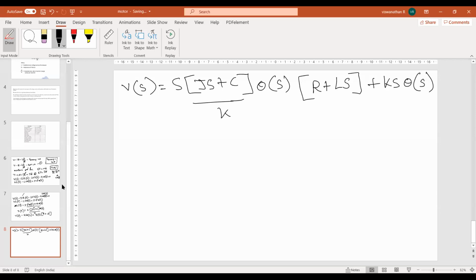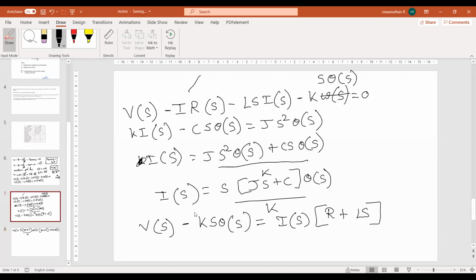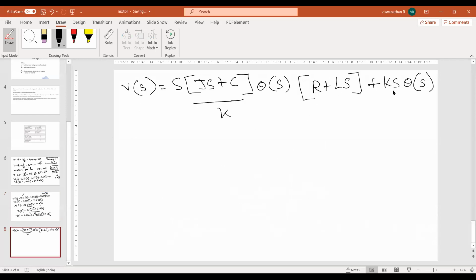So how did that come? The ks theta of s is taken on the right side, and for I of s, I just substituted s into js plus c into theta of s divided by k. Then v of s can be written as, so s into theta of s can be written as what?